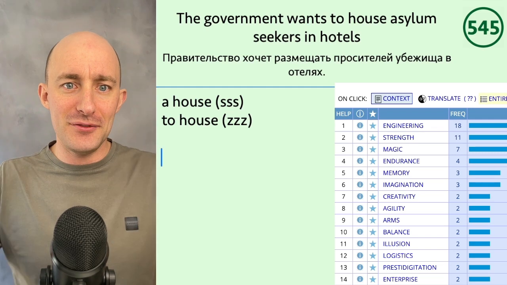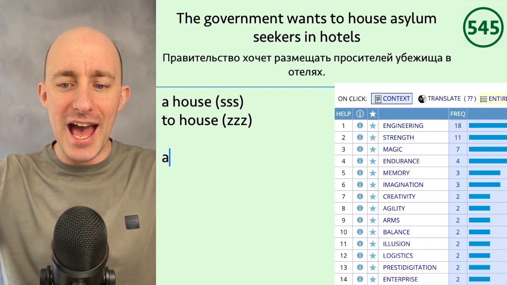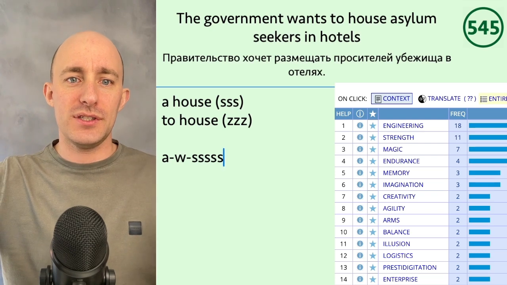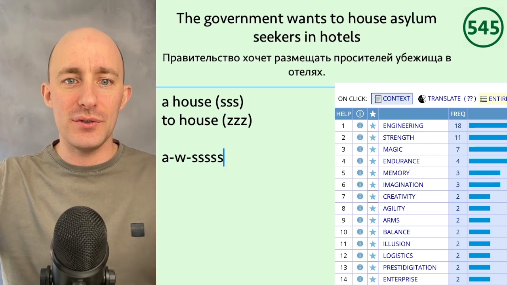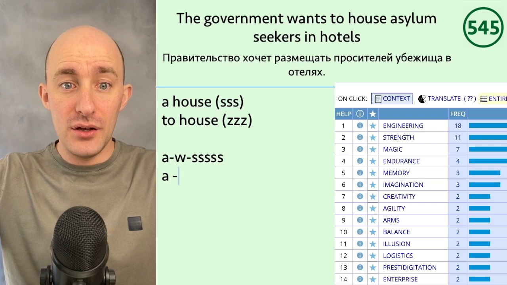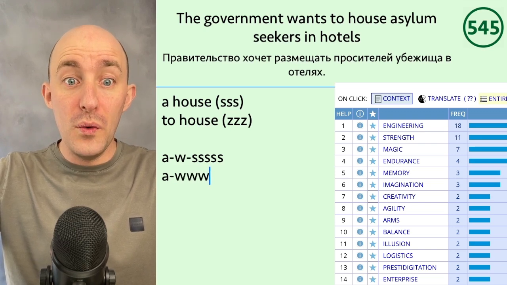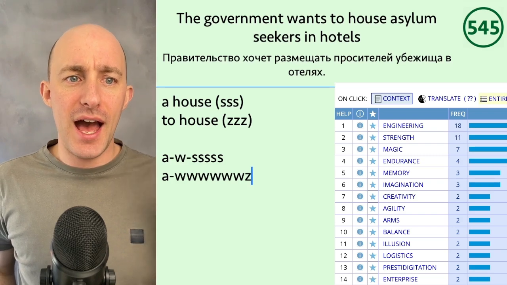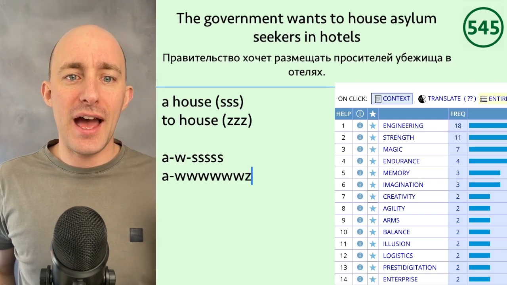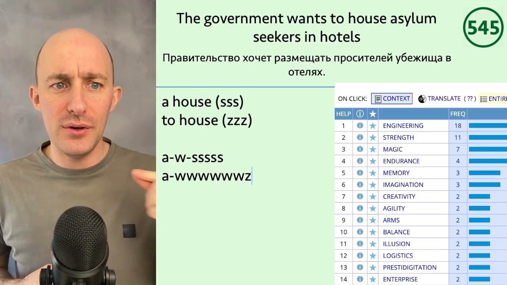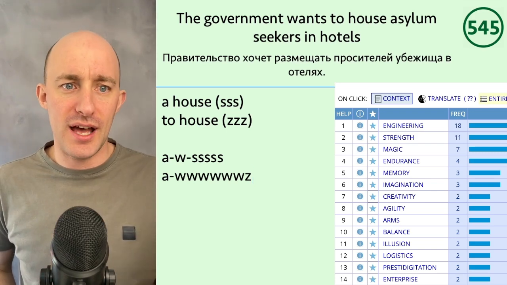Before an s, an unvoiced sound, we say a, w. House. But before the z, we say a, w, z. House. So the w is much longer before the voiced sound. House.